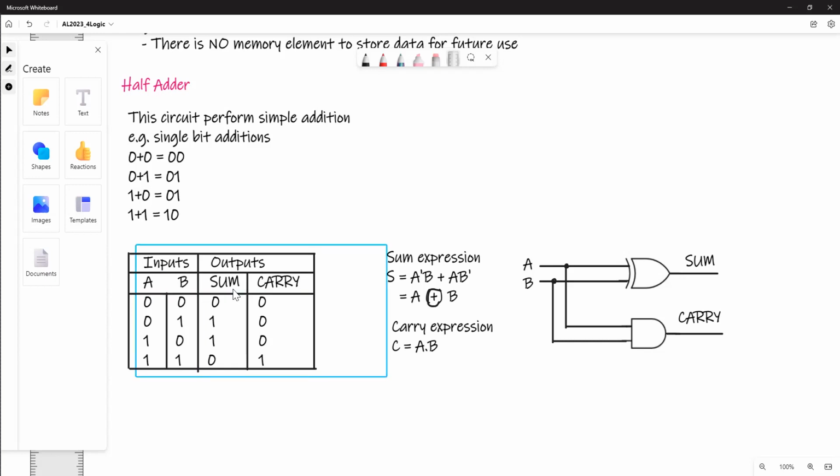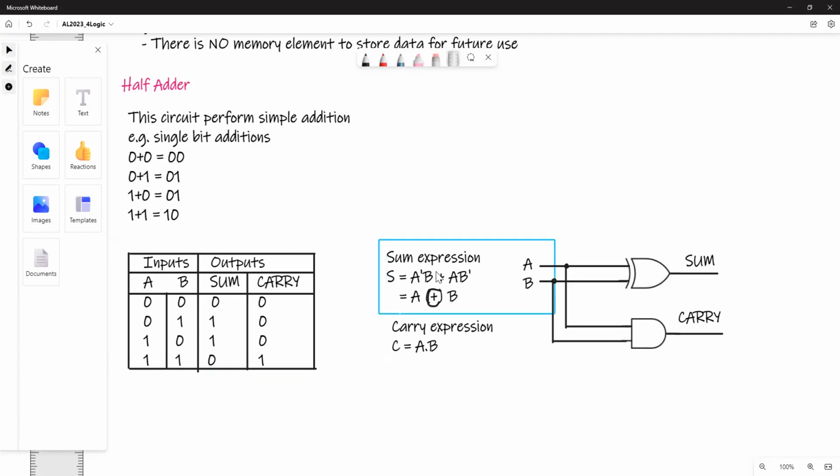We output sum and carry. When you have 0, 0, sum is 0, and there's no carry. 0, 1, sum is 1, and there's no carry. When you have 1, 0, it's 1, there's no carry. But when you have 1 and 1, the sum is 0, and 1 will be carried to the other position. Now, with that, we can write two expressions.